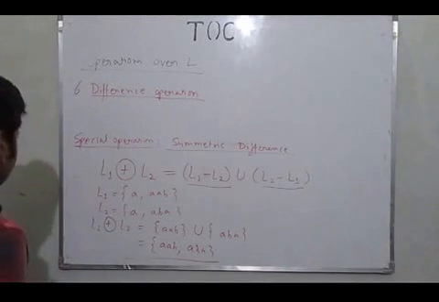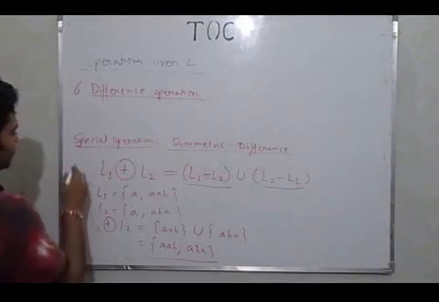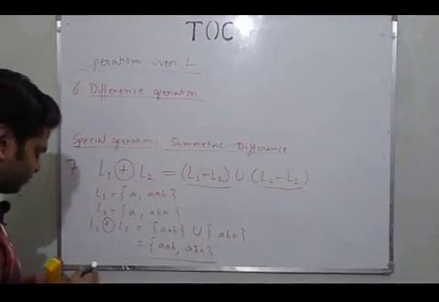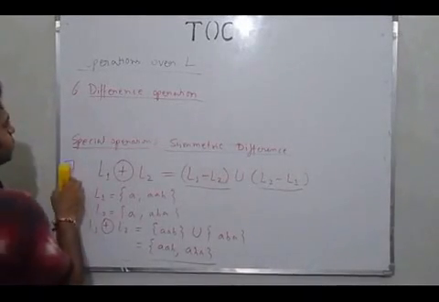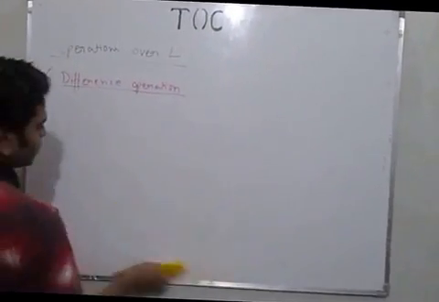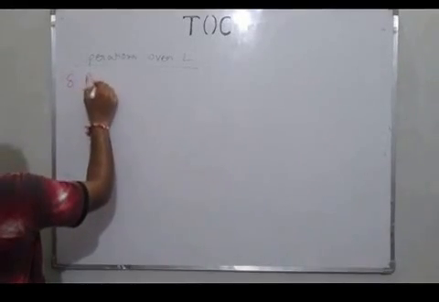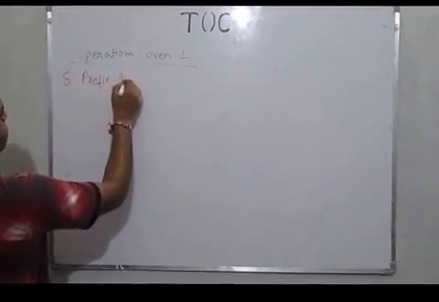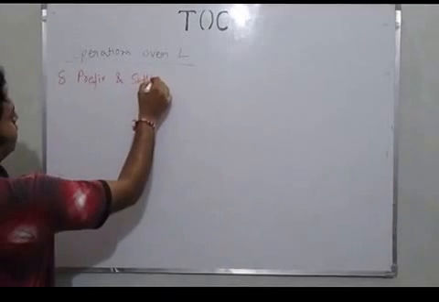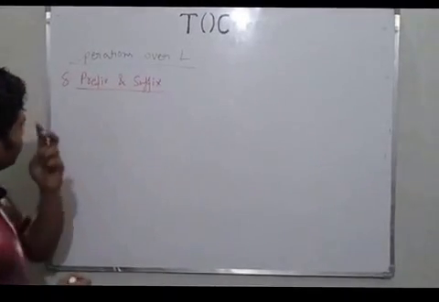So the next operation that we have, this was the 7th operation we have. The next operation that we have over the language in TOC is prefix and suffix. What is actually the prefix and suffix?